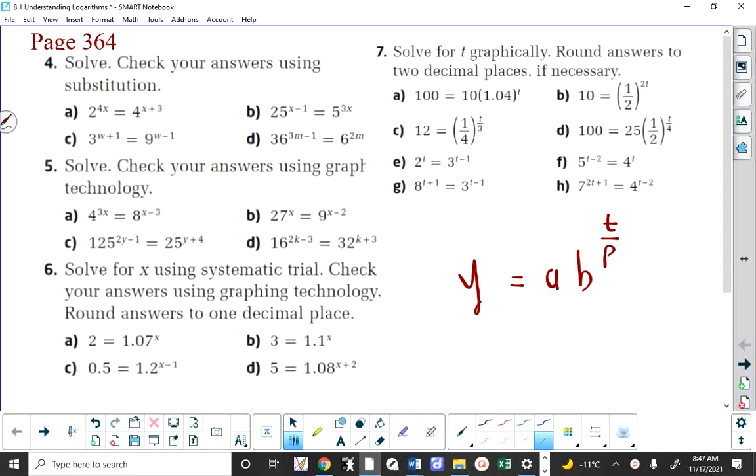And if you're going to solve an exponential equation like the ones in questions 4 and 5, you have to do so by rewriting the equation so that everything has the same base.